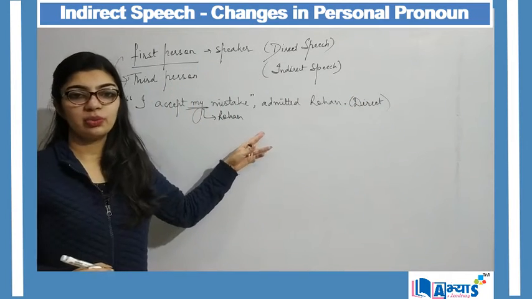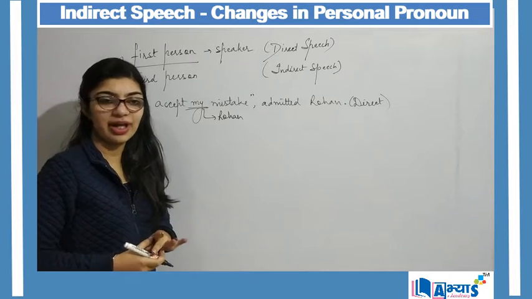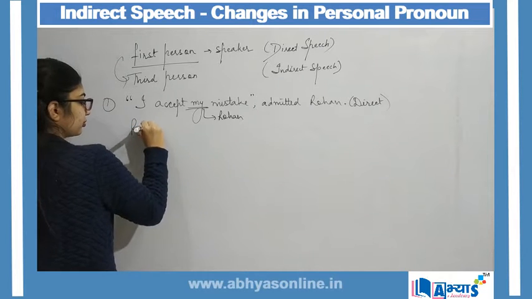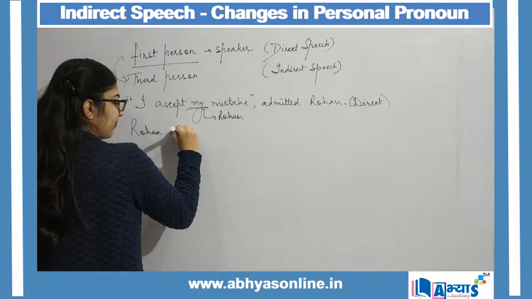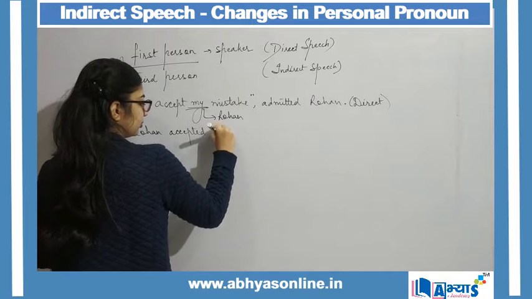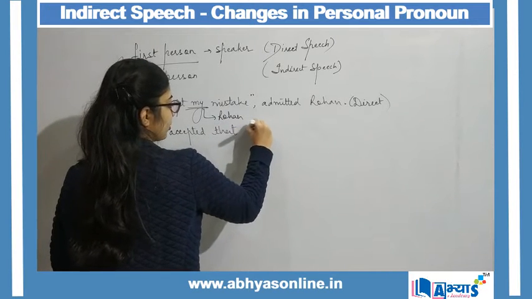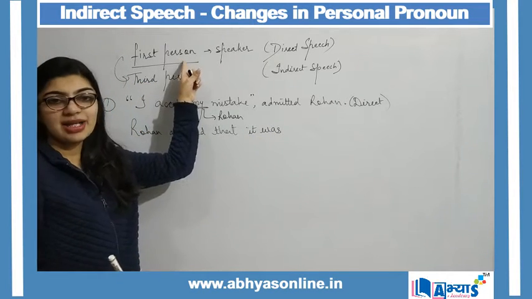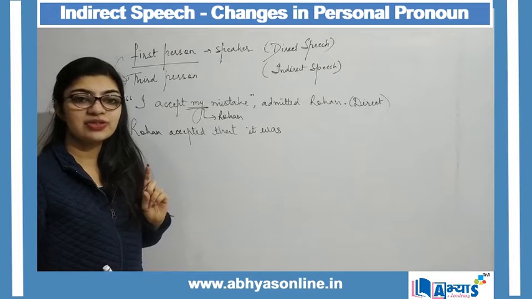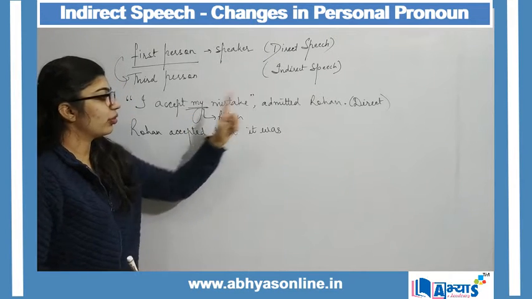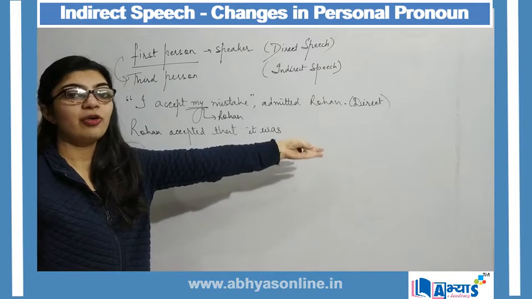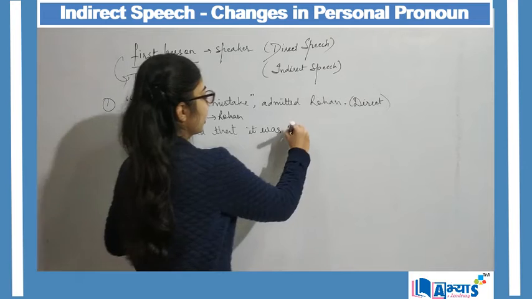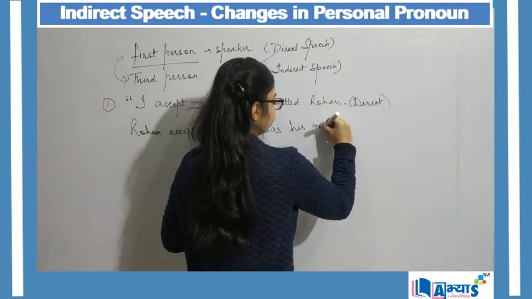But now I want to convert my speech into indirect, right? And for indirect, I will say Rohan accepted that it was, now instead of "my", which is first person, the first person changes to third. So for Rohan, we know he is a male, and for male, "my" will change to "his", that it was his mistake.